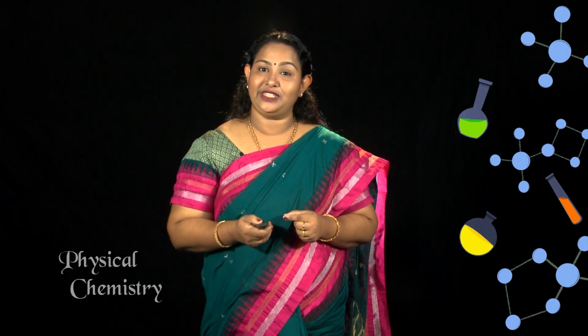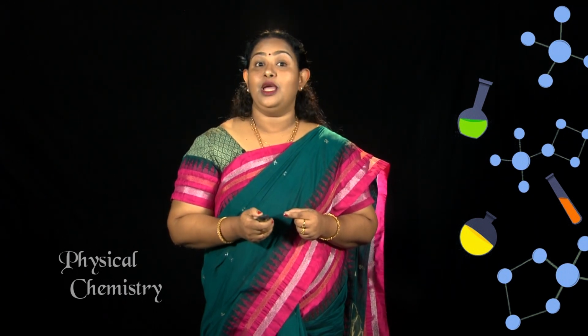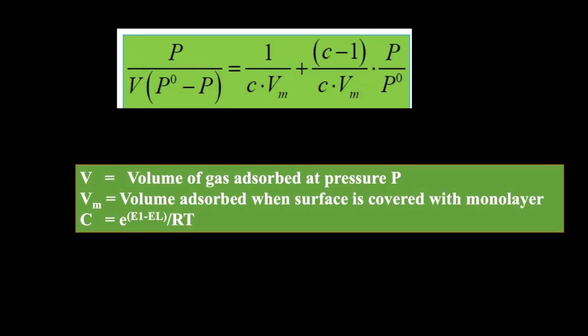Now, we are going to see what is the BET equation. It is given as P by V into (P0 minus P) is equal to 1 by CVm plus (C minus 1) divided by CVm into P by P0. V is the volume of gas adsorbed at a pressure P. Vm is the volume adsorbed when the surface is covered with a monolayer.